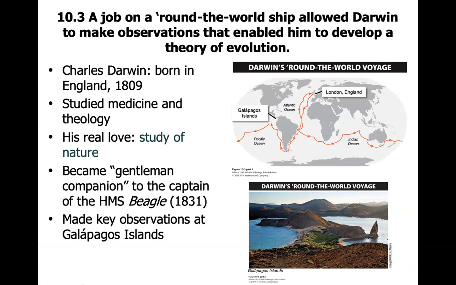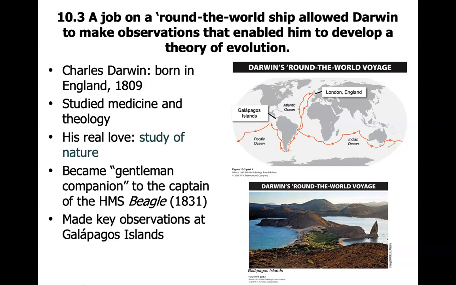So Charles Darwin was an Englishman. He was a naturalist, and he didn't start out studying nature. He actually first went to school to be a doctor, didn't like that, so his dad sent him to school to be a parish minister. He didn't like theology either, and eventually he took a job on a ship called the HMS Beagle.